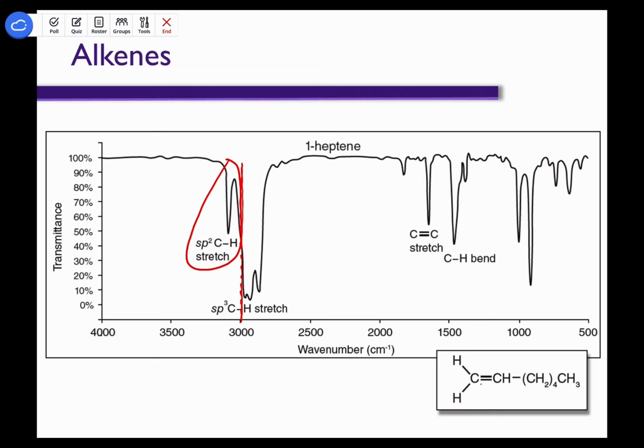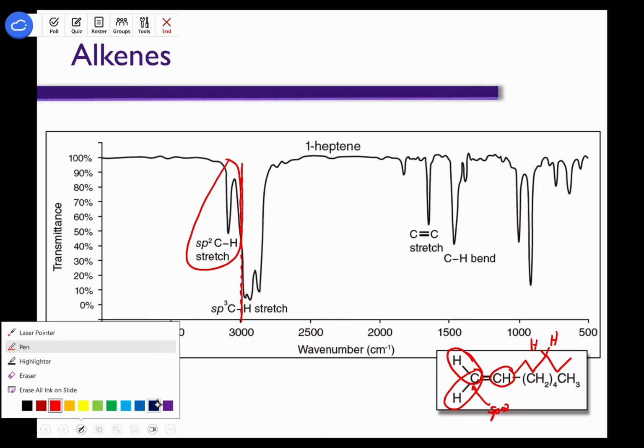We're talking about, here is our sp2 hybridized carbon. So we're looking at these carbon hydrogen stretches and this carbon hydrogen stretch. But then we can see we have a bunch of other, let's count it. 1, 2, 3, 4, 5. Then we have our sp3 carbon hydrogens over here. Let's use a different marker.